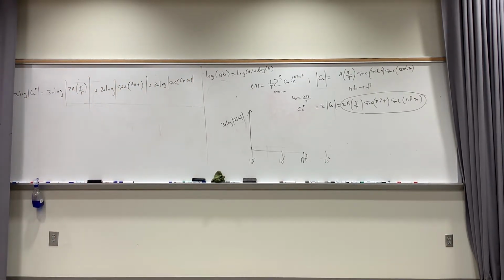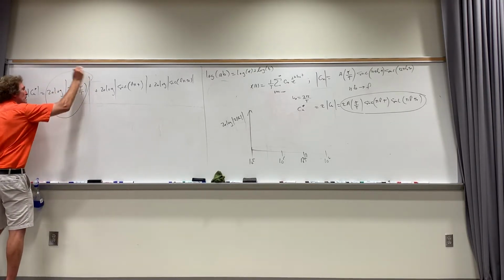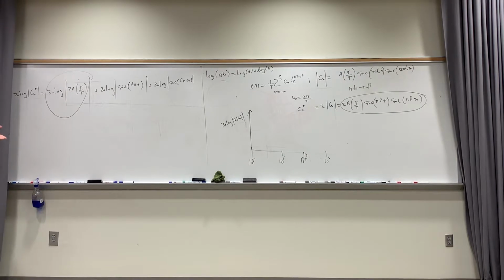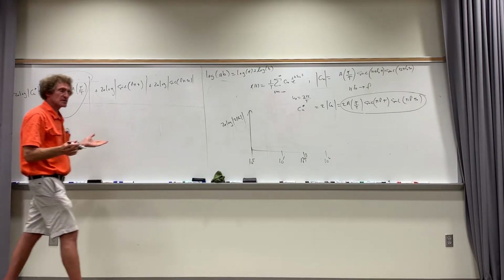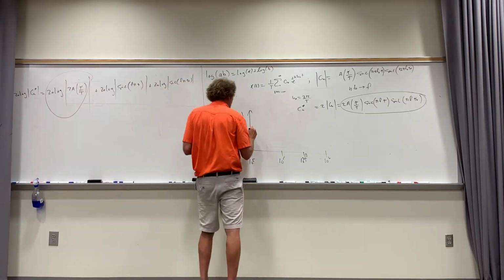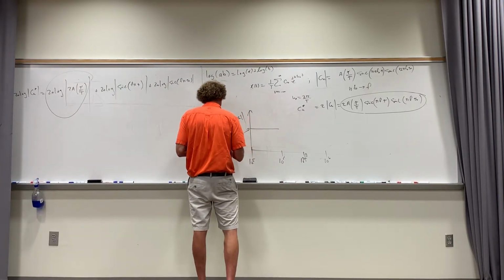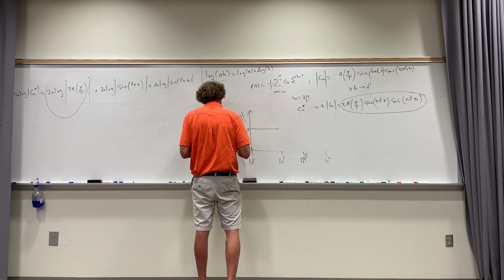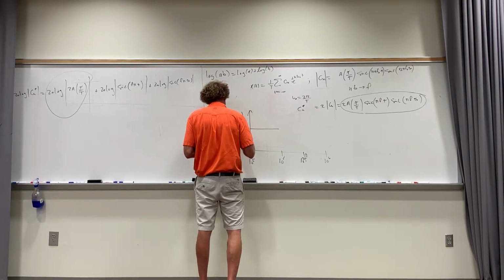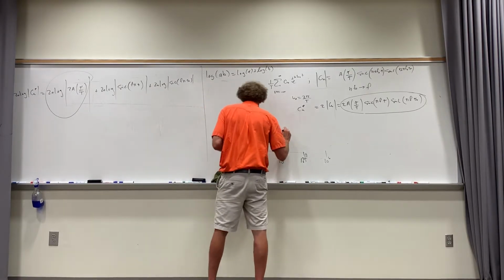Now, y'all realize that's a constant, right? Do you all agree with that? So it's going to be a constant in the beginning, just 20 times the log of the magnitude of 2A tau over T. And that's where it starts.